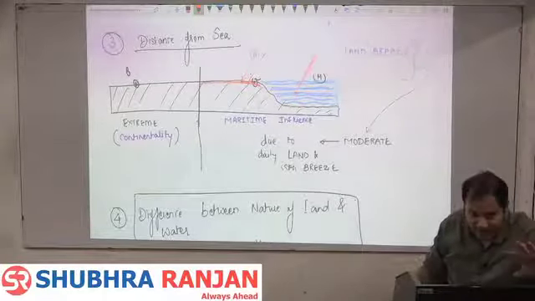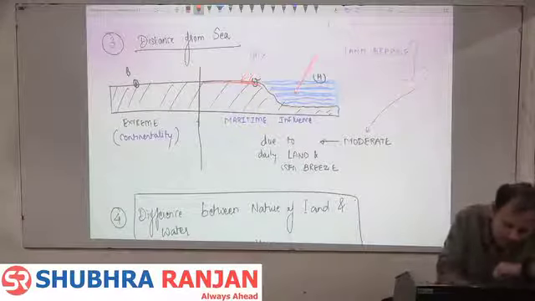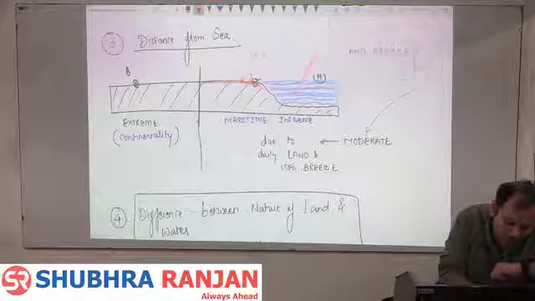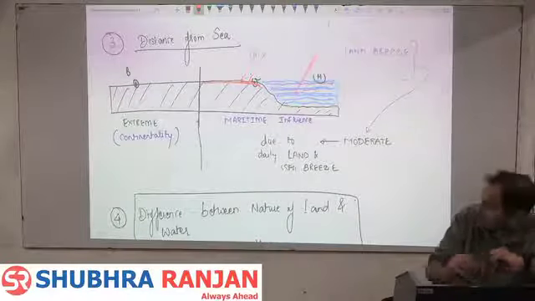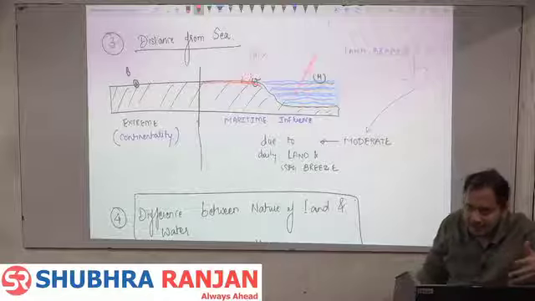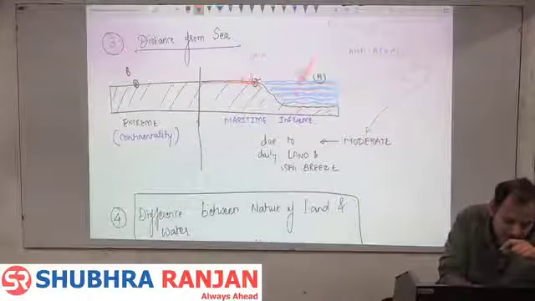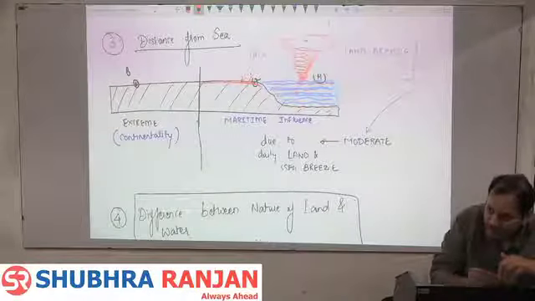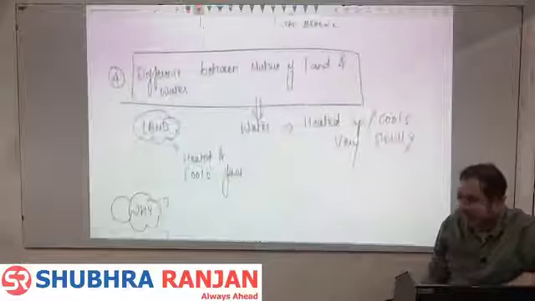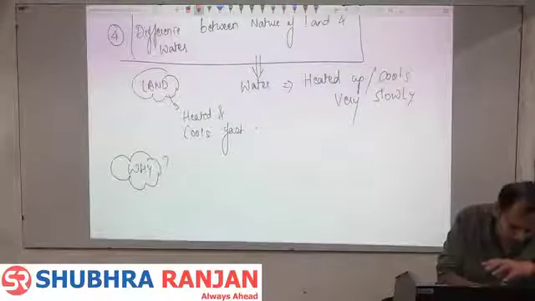Secondly, after heating up, land will stay at the same place, but water will move in the form of ocean currents, waves, tides. Thirdly, land cannot get evaporated. Water, if it gets evaporated, will start rising up and result in the formation of clouds.